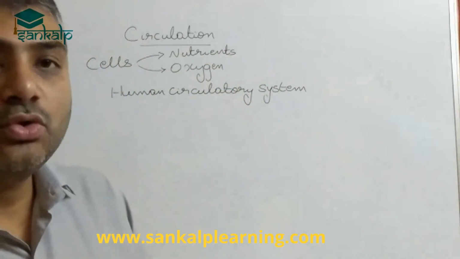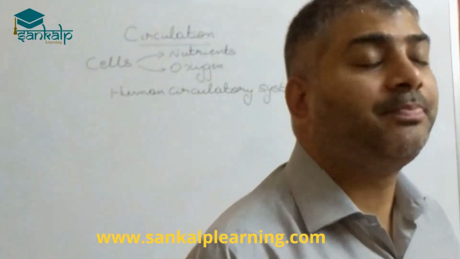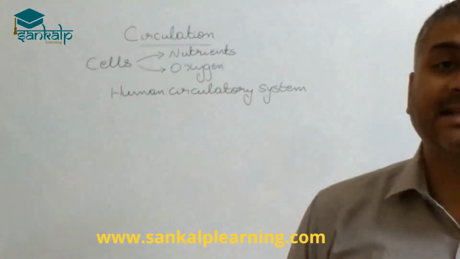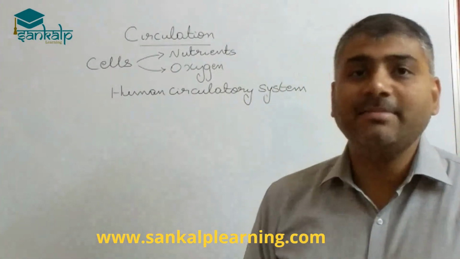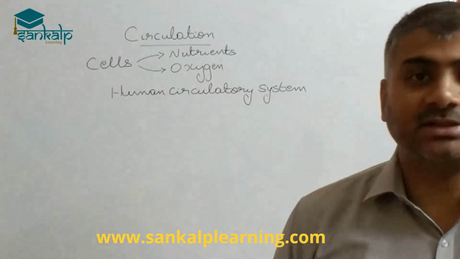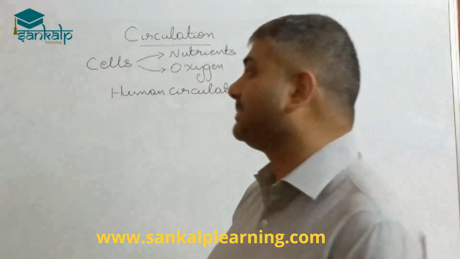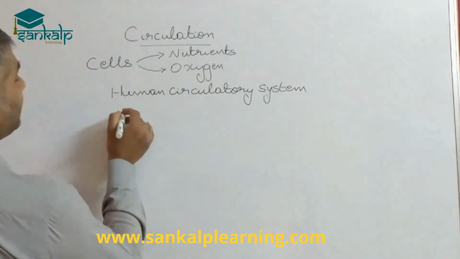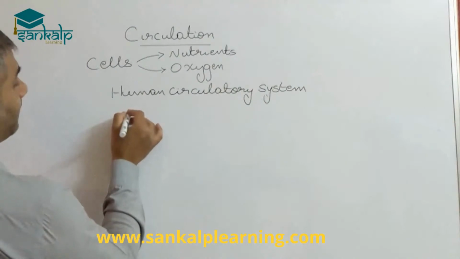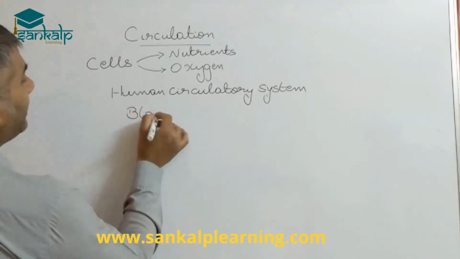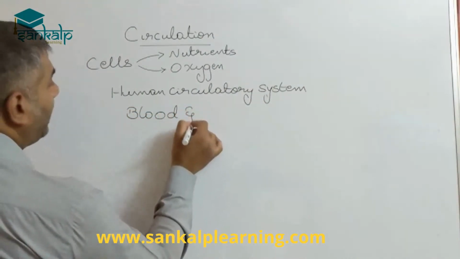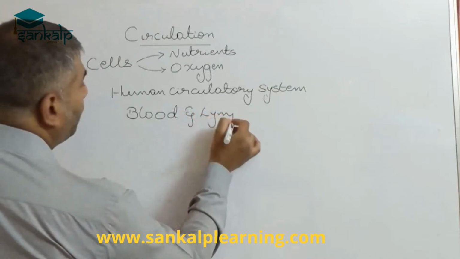So what is this human circulatory system? The human circulatory system is mainly made up of different types of components. It consists mainly of fluids, which are called blood and lymph.